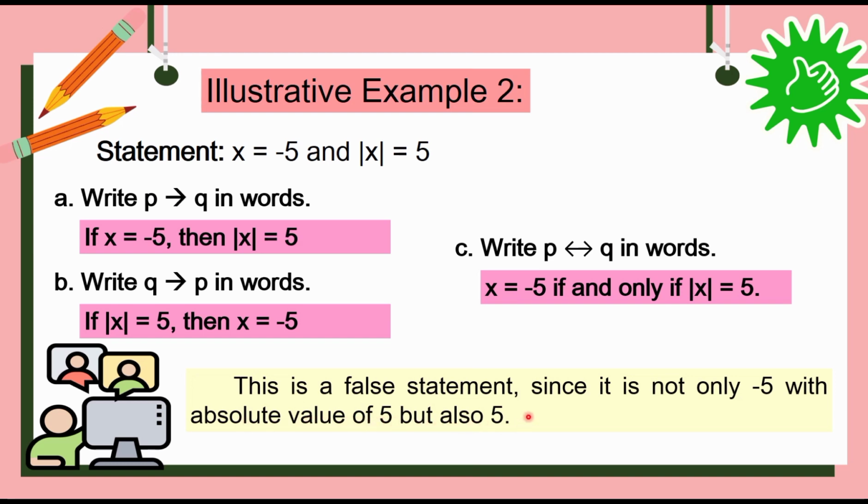So, ang value ng ating absolute 5 ay hindi lang 5. Dalawa yung pwede nating maging value ng absolute value of x. Absolute value of x is equal to 5, pwede siyang positive 5 at pwede rin namang siyang negative 5. So, therefore, ang ating statement ay false.